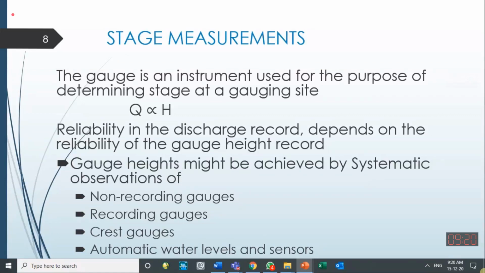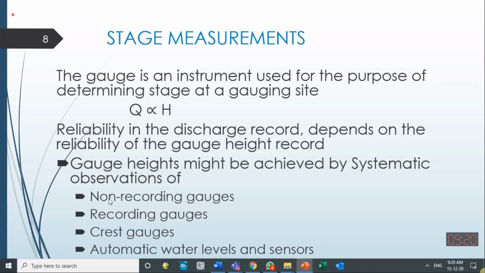These are measured in a systematic way, and we can have different kinds of gauges for measurement of stage. Most of them are non-recording gauges. Simply a staff is installed and a person goes over there. That staff does not record the level automatically. A person goes over there and notes the reading of that time or that day.